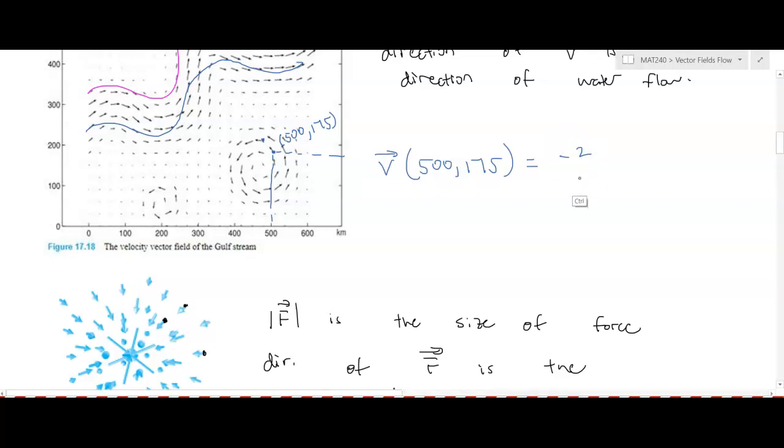Let me try that again. We'll say x is negative 1, y is 2. So we'll just pretend that that's that vector right there. So at that point, if I had this function, if I knew what the actual expression was for calculating the vector, then I could argue that by inputting x is 500 and y is 175, the output that I am going to get is this vector, which allows me to plot an arrow at that location.